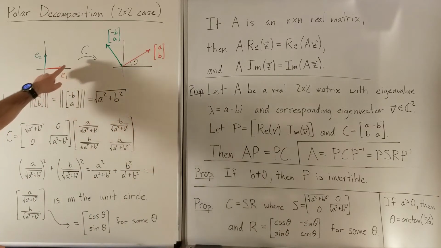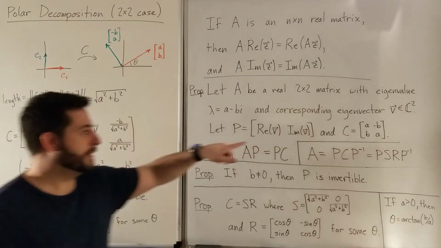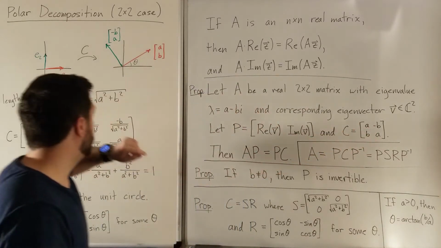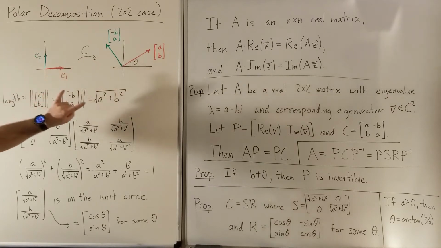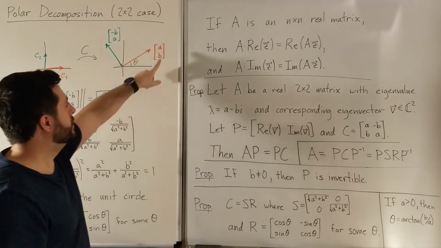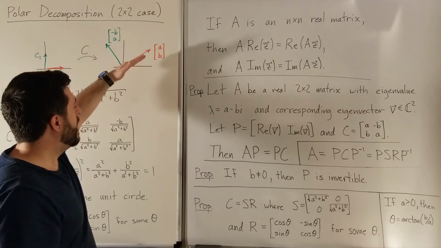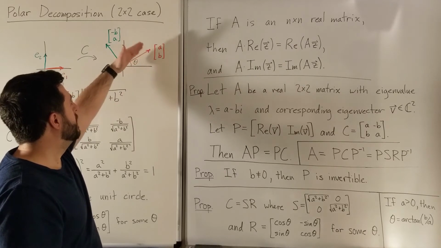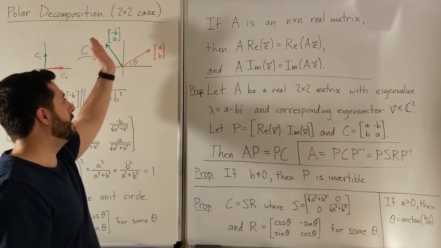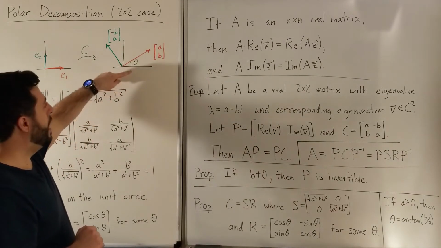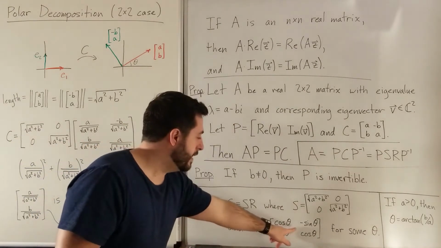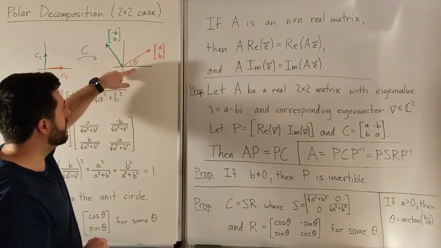So I have a transformation C. Remember, C is this matrix A, B, negative B, A. And it's going to take these two standard basis vectors over here. So this is A, B, and wherever A, B lands, negative B, A is going to be perpendicular to it. The theta that I'm getting in this right here is just going to be this angle.